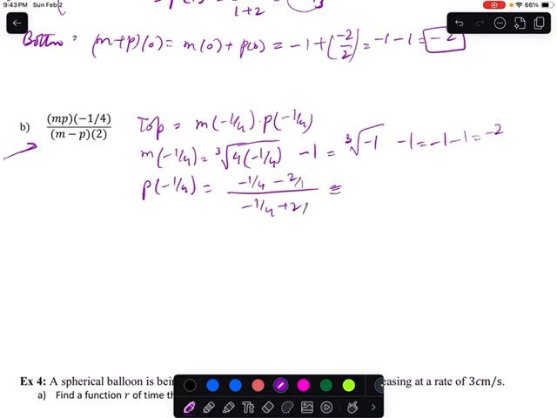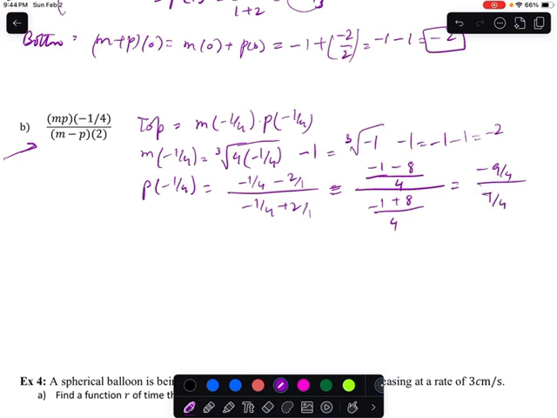On the top I have negative 1 minus 8, and at the bottom, same thing, I get negative 1 plus 8. So this is giving me negative 9 over 4 divided by 7 over 4.